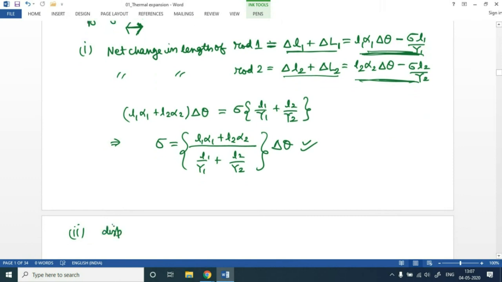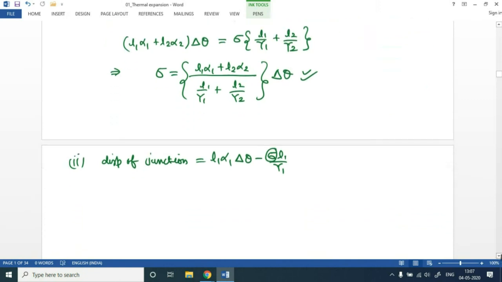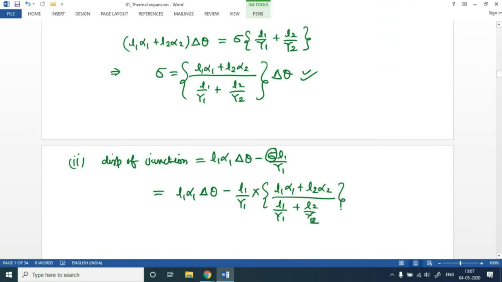The displacement of the junction is going to be L1 alpha 1 delta theta minus sigma L1 by Y1, and the value of sigma we have already calculated. When we substitute that value, we get L1 alpha 1 delta theta minus L1 by Y1 times sigma, where sigma is L1 alpha 1 plus L2 alpha 2 divided by L1 by Y1 plus L2 by Y2, into delta theta.